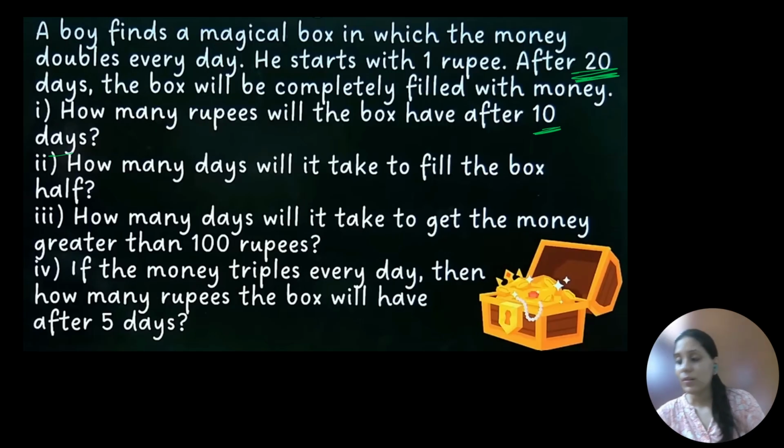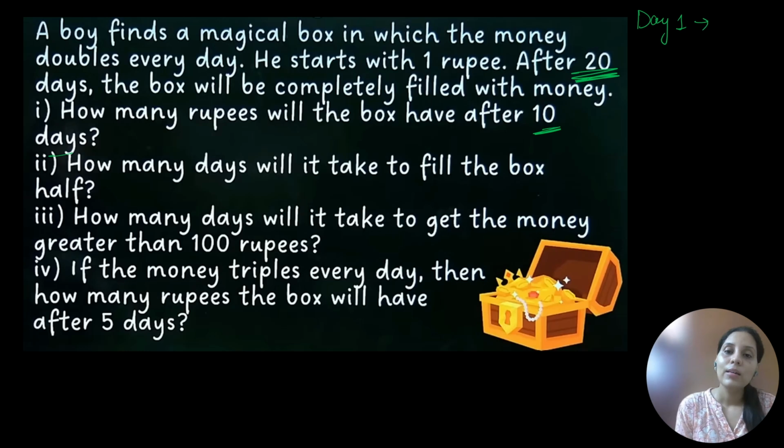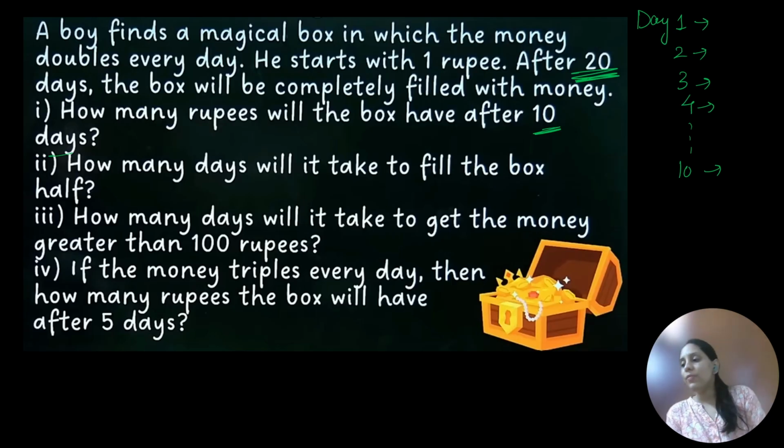Now, let us see. On day 1, day 2, day 3, day 4, and like this, day 10. Now, on day 1, he starts with 1 rupee. Every day it is getting doubled, isn't it?